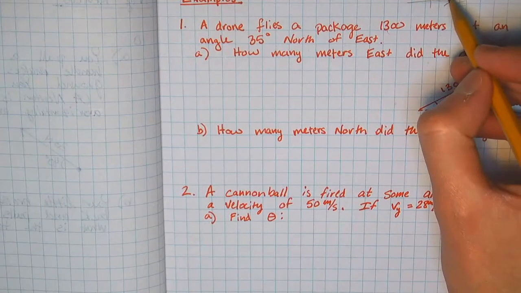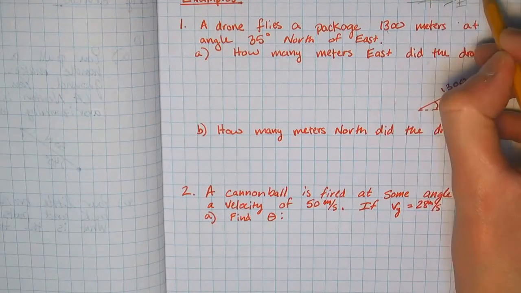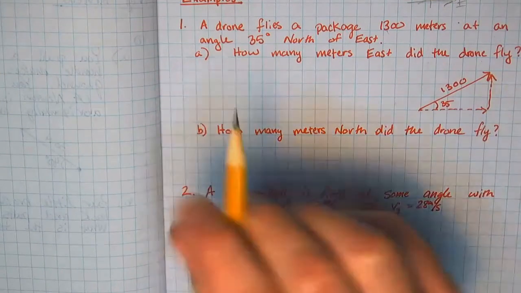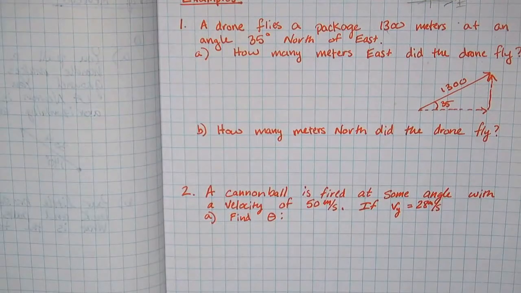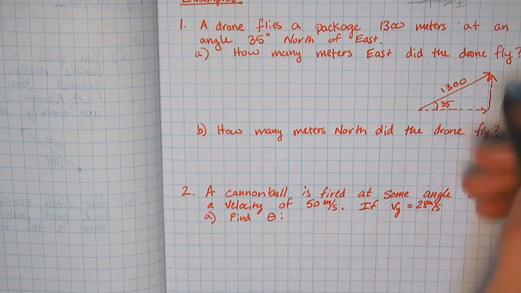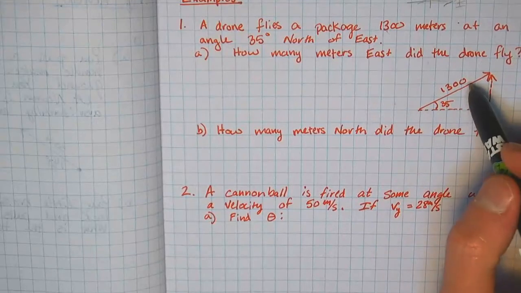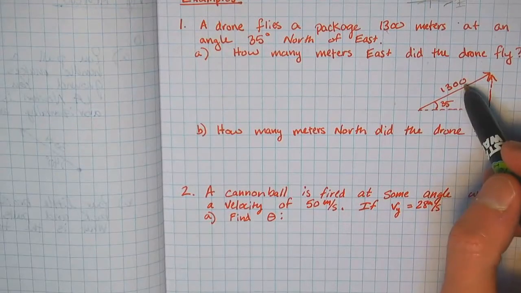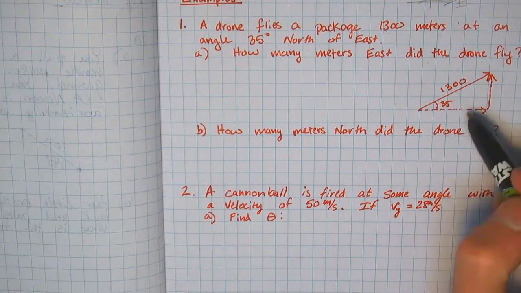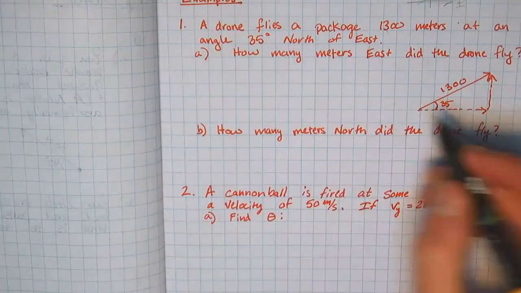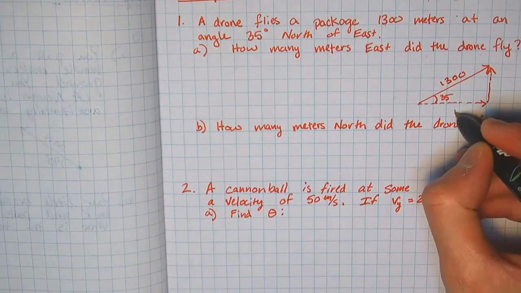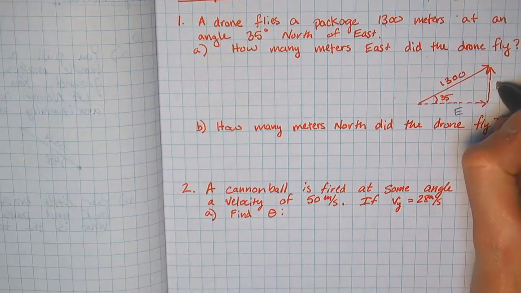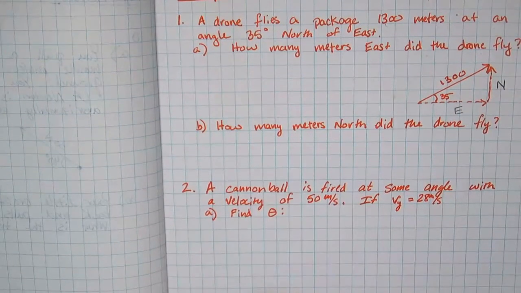So 35 degrees north of east would be right here. Either way, you're not going to get directions that often that are like that, so I drew you a diagram. We're trying to find how far east we go and how far north we go.